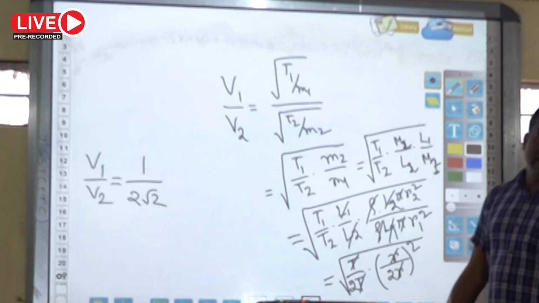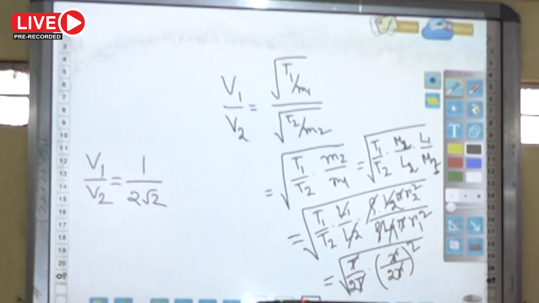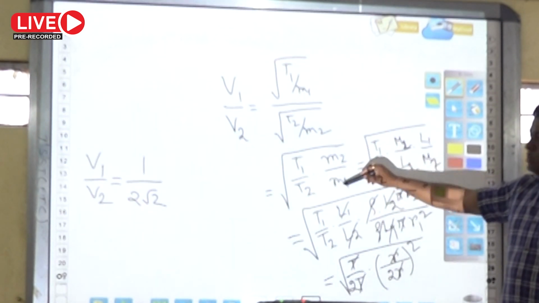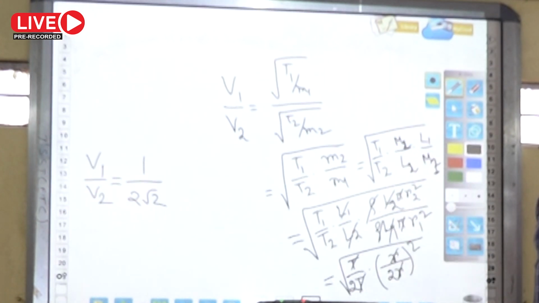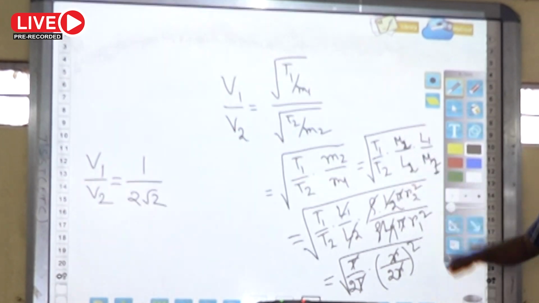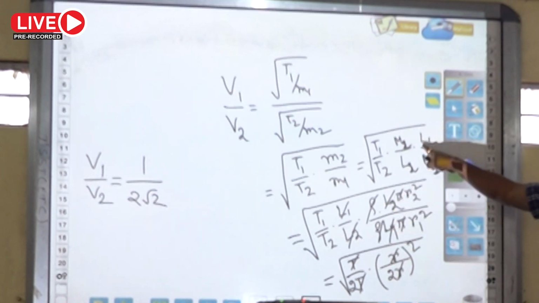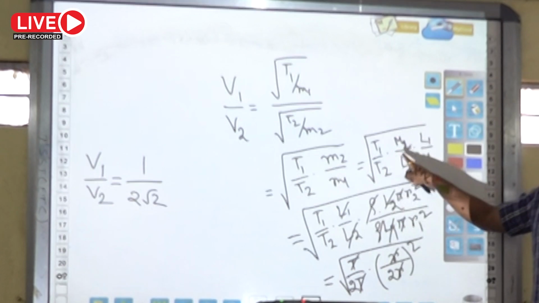See, v equal to root over of T by m. So we can write V1 equal to root over of T1 by small m1 and V2 equal to root over of T2 by small m2, where m1 and m2 are the mass per unit length. Now this will be root over of T1 by T2 into m2 by m1. Small m2 means capital M2 by L2, and small m1 means capital M1 by L1, so it will be L1 by L2 then M2 by M1.